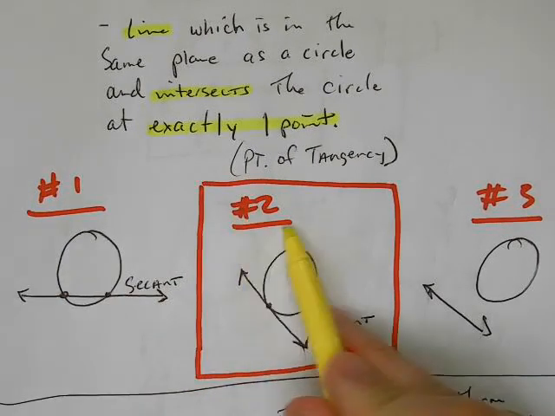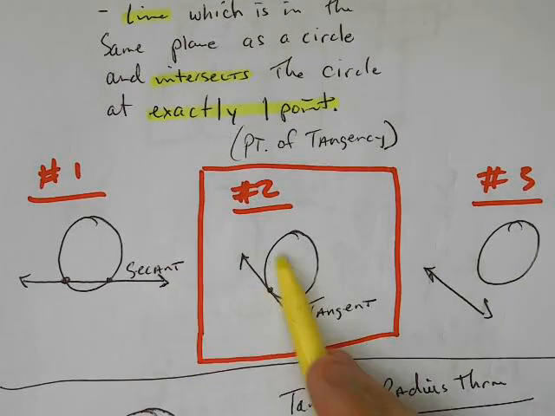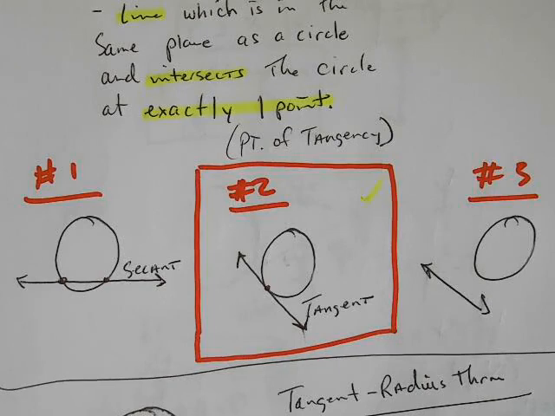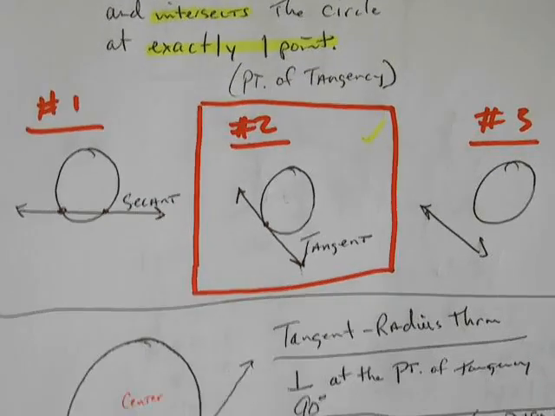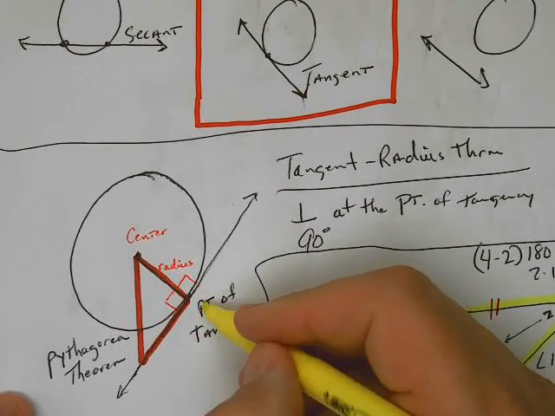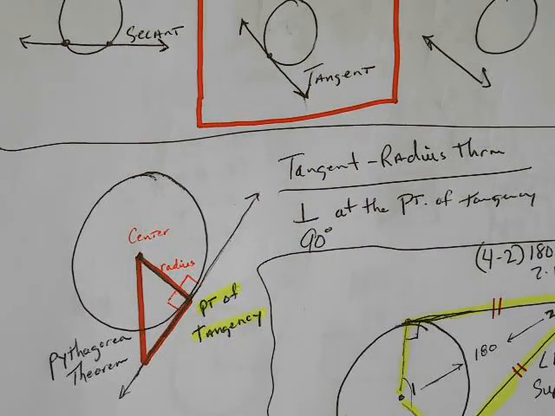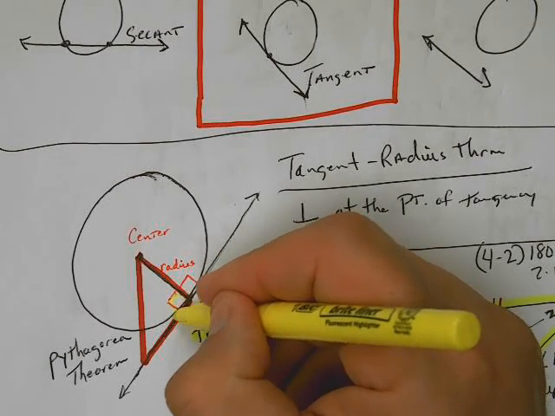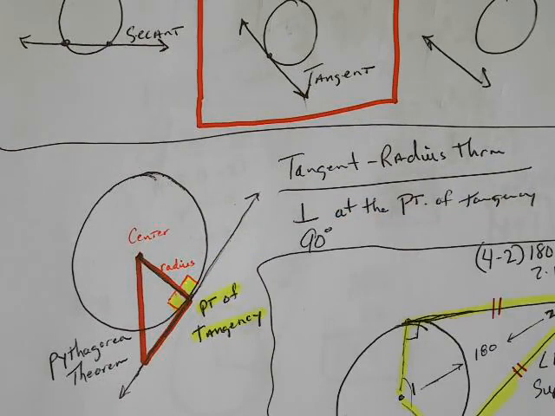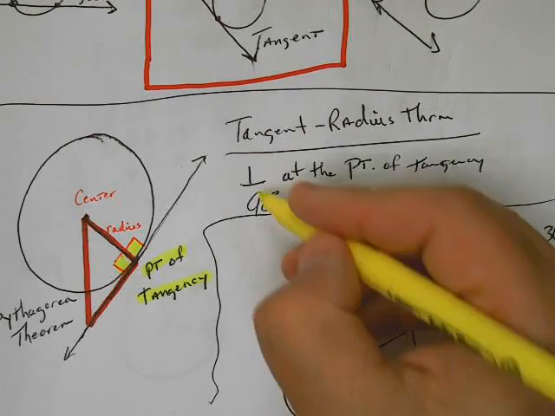There are 3 scenarios that this occurs where you have a circle and a line. The one that we're talking about is this one, a tangent. The point where they intersect has a special name. It's called the point of tangency. And it is 90 degrees. Perpendicular at the point of tangency.